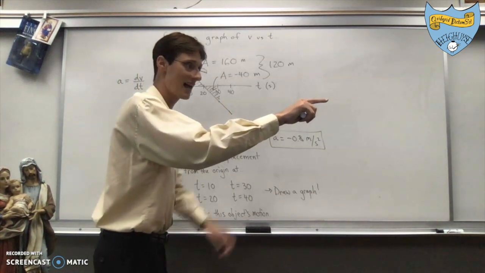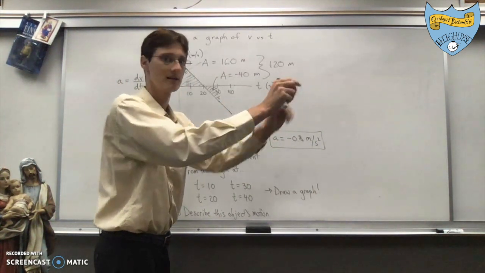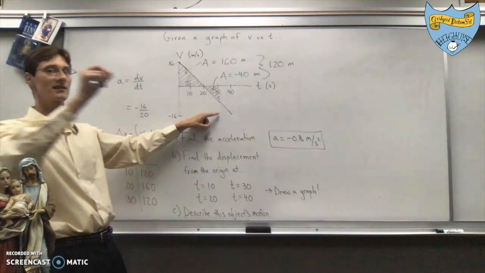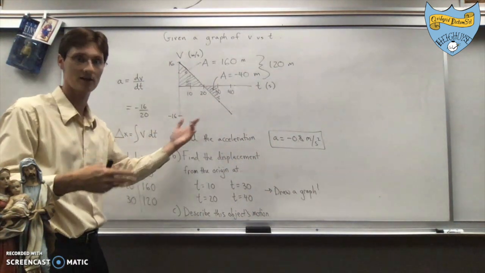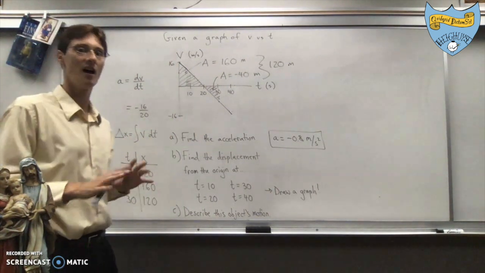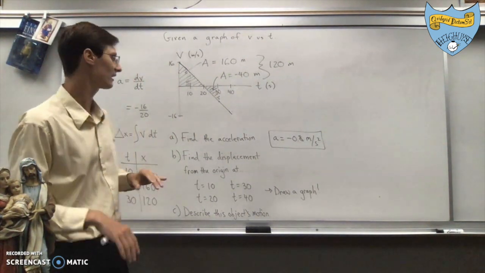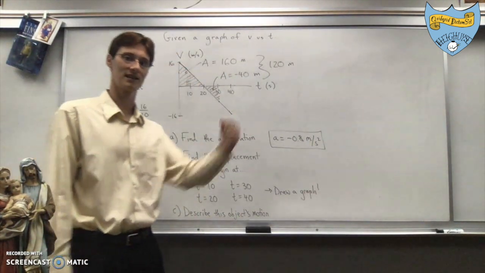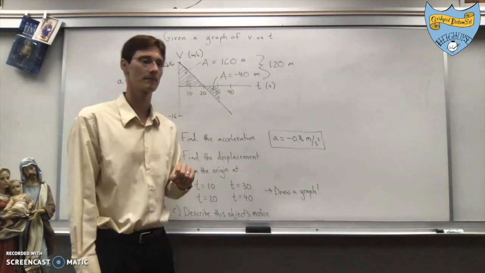At 20 seconds exactly, it stops for an instant. And then after that moment, it begins to accelerate faster and faster in the negative direction. Although actually, if we're careful in our thinking, we would say the whole time the acceleration is in the negative direction.